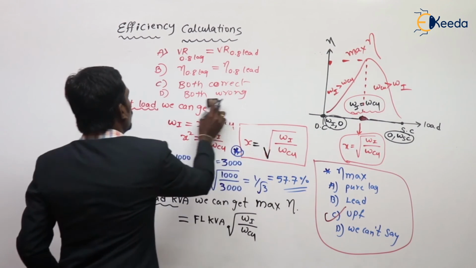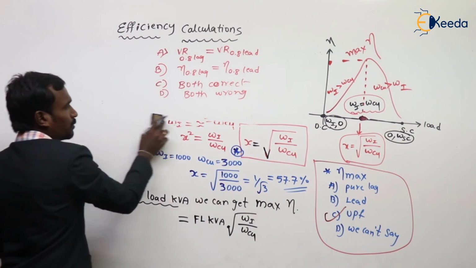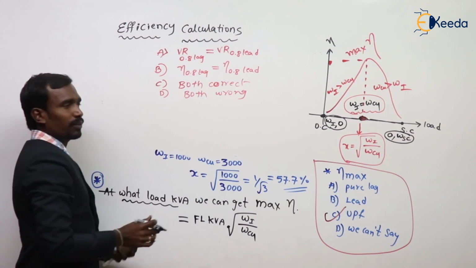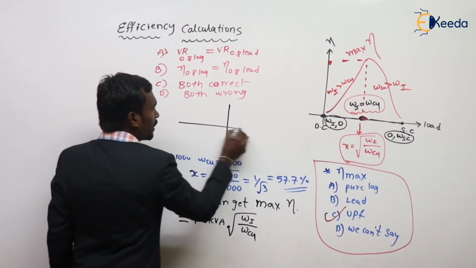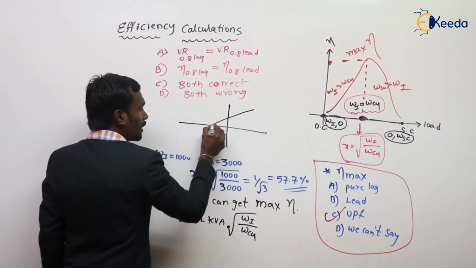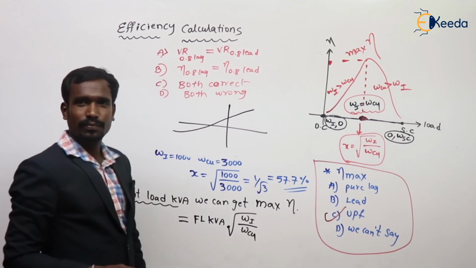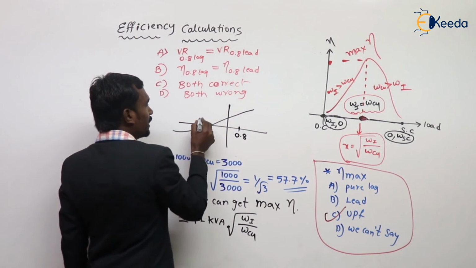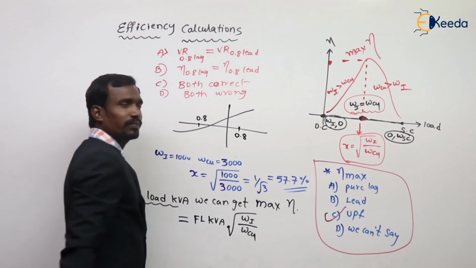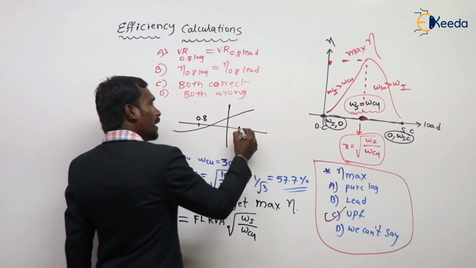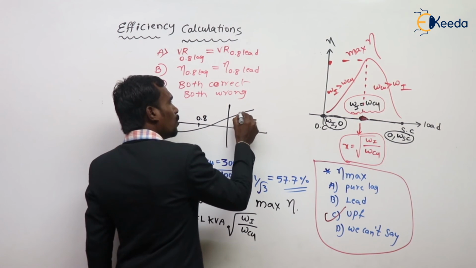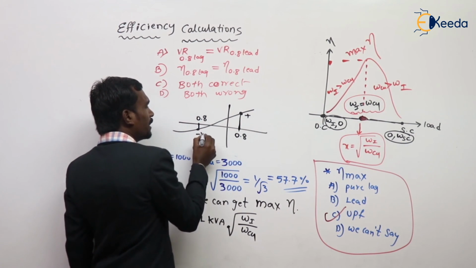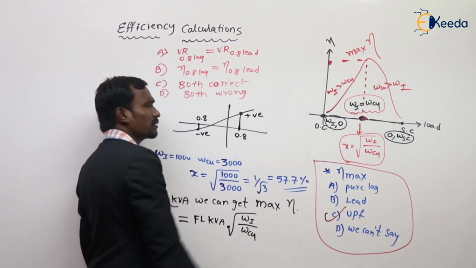I gave you the regulation curve. Generally, the regulation curve is like this. For example, here 0.8 lagging and here 0.8 leading. See here, at 0.8 lagging, voltage regulation is positive, of course. At 0.8 leading, voltage regulation is negative, of course.